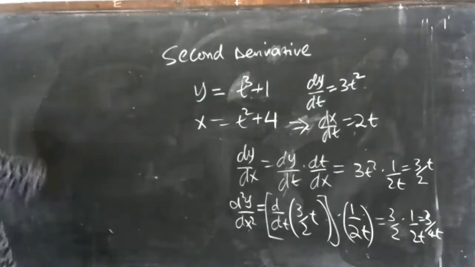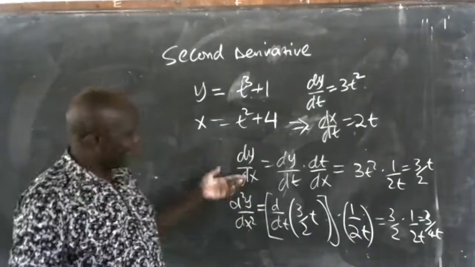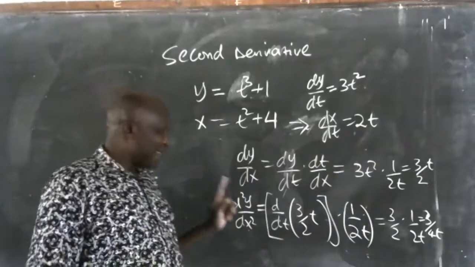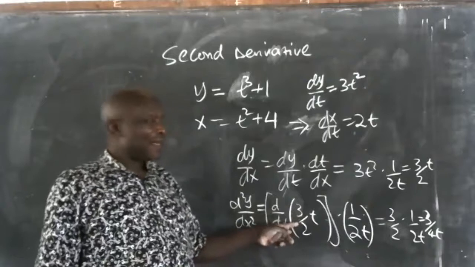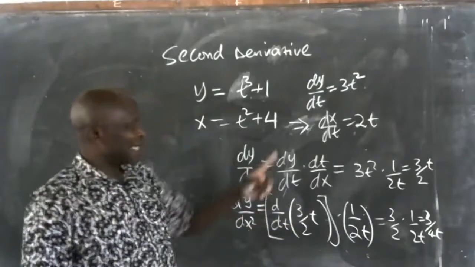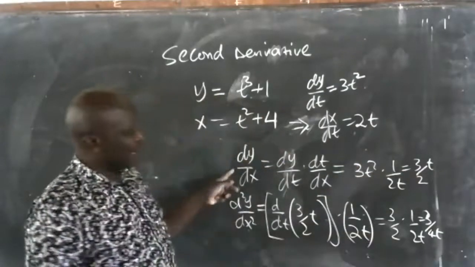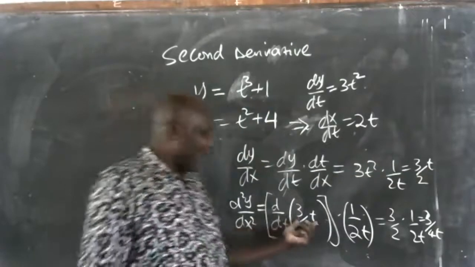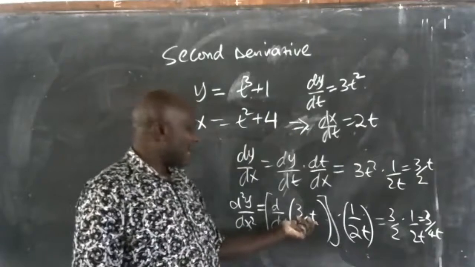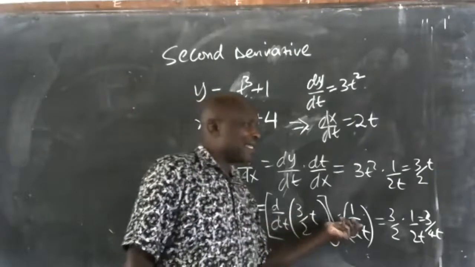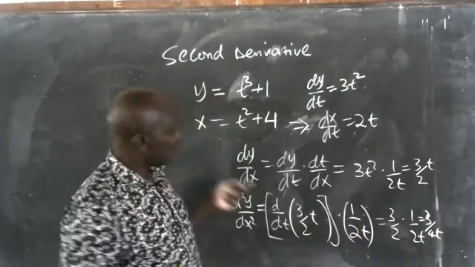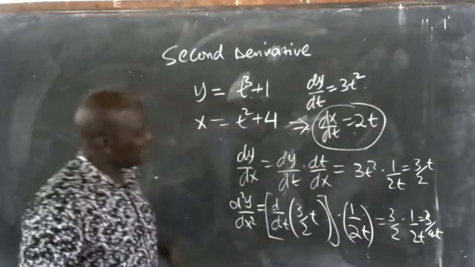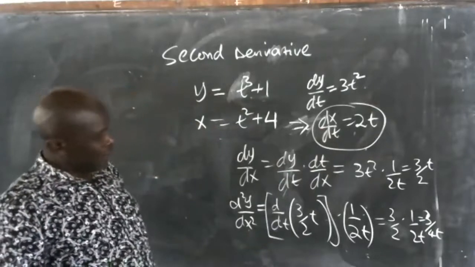I'm saying after getting our dy/dx, which is 3t over 2, we then differentiate it the second time. Because our dy/dx is in terms of t, we say d/dt of our dy/dx, and we multiply through by dt/dx, which is the reciprocal of dx/dt, 1 over 2t.